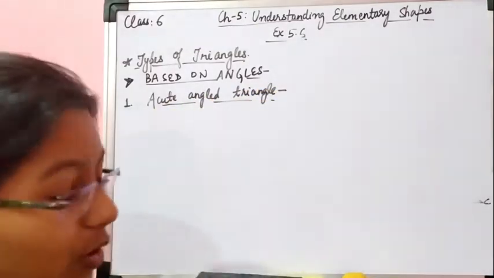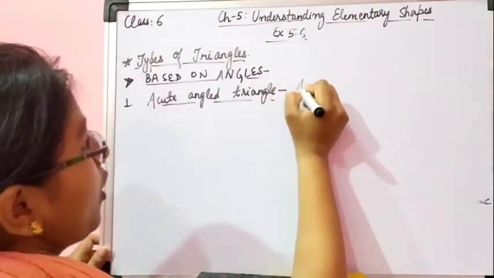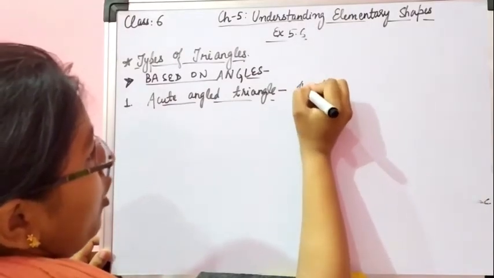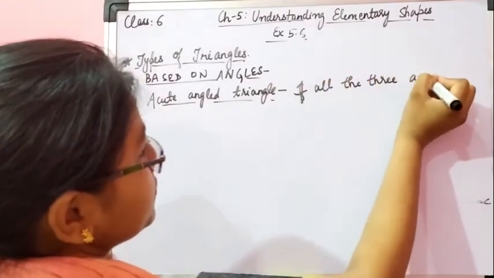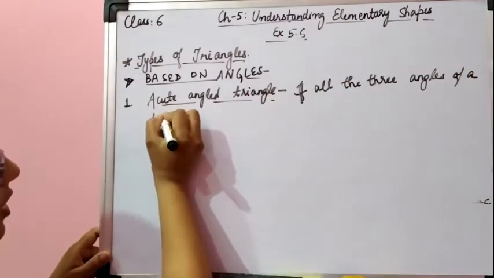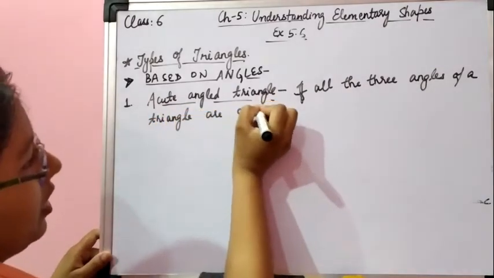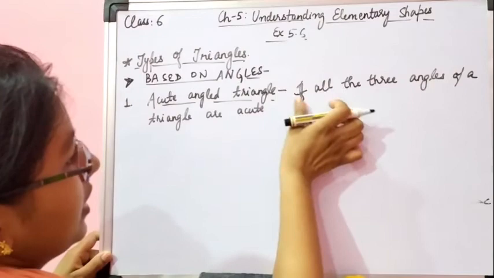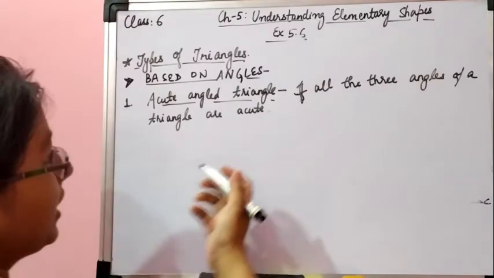A triangle has three sides and also three angles. So if all the three angles of a triangle are acute, then it is an acute angled triangle.